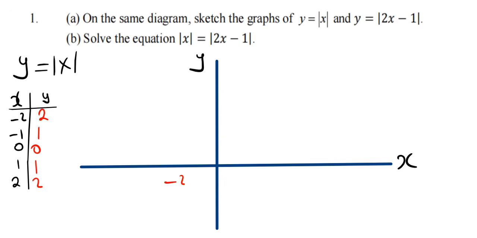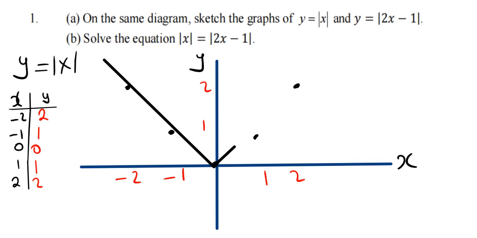So -2, 2 will be a point there. -1, 1 will be a point there. 0, 0 there. 1, 1 there. And 2, 2 there. Since this is just a V, you have to make sure that all the points are aligning, but it's going to go like that. So this is y equals the modulus of x on the graph.